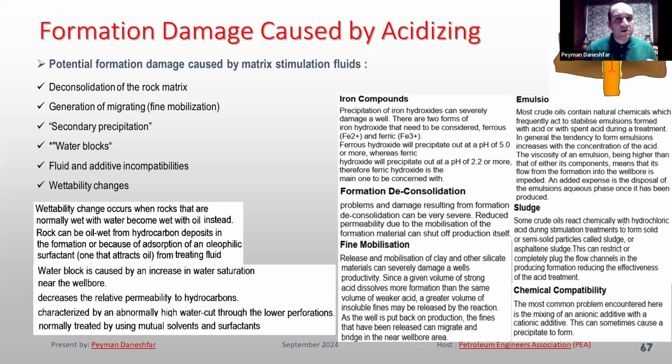There are two forms of iron hydroxide that need to be considered: ferrous and ferric. Ferrous hydroxide will precipitate out at a pH of about 5 or more, whereas ferric hydroxide will precipitate out at a pH of 2.2 or more. Therefore, ferric hydroxide is the main concern.